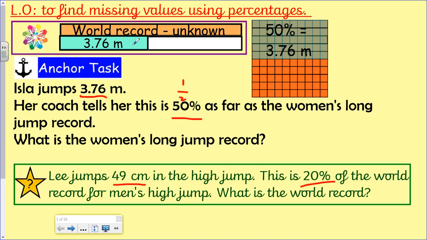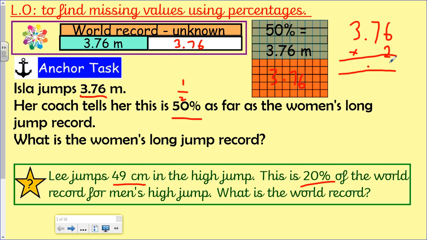So if this is 3.76, this is 3.76. Same here, this is 3.76, just to prove it to you. So we essentially need to do 3.76, Isla's jump, times it by 2. Now I'm just looking at the digits there. I could do it mentally, but actually I think for this one, probably the simplest thing is to do a column multiplication.